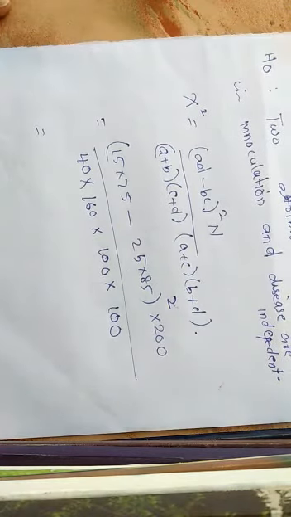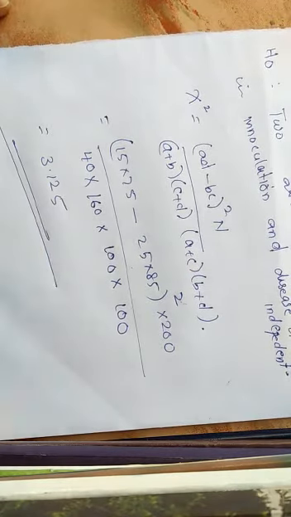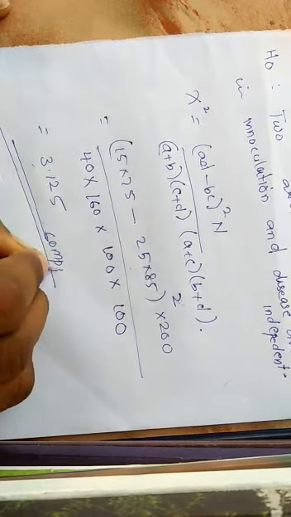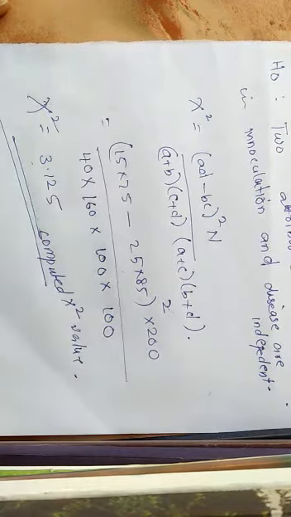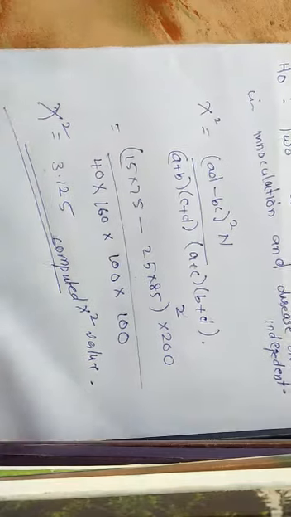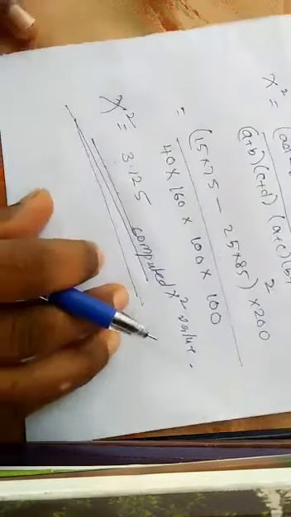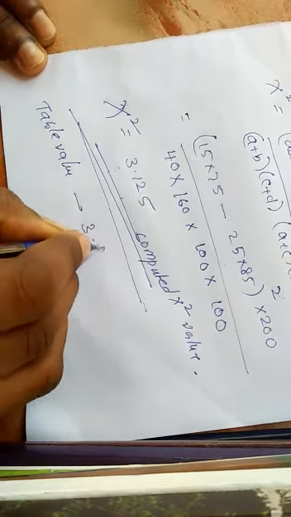Then you find out the exact value. Using the calculator, what you get? 3.125. So computed chi-square value is 3.125. Okay. Next you find the tabled value, but here it is given, the tabled value at 5% level of significance is 3.84.